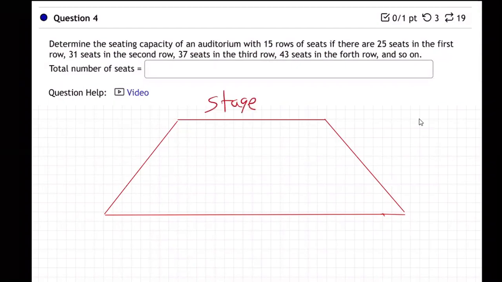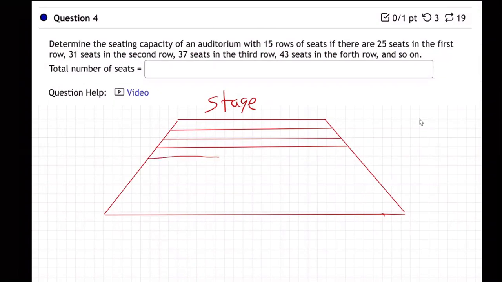And so this is the first row right there, and then the second row, and then the third row, fourth row, etc. And the first row has what? 25 seats in the first row. So 25 seats. And then 31 in the second row.